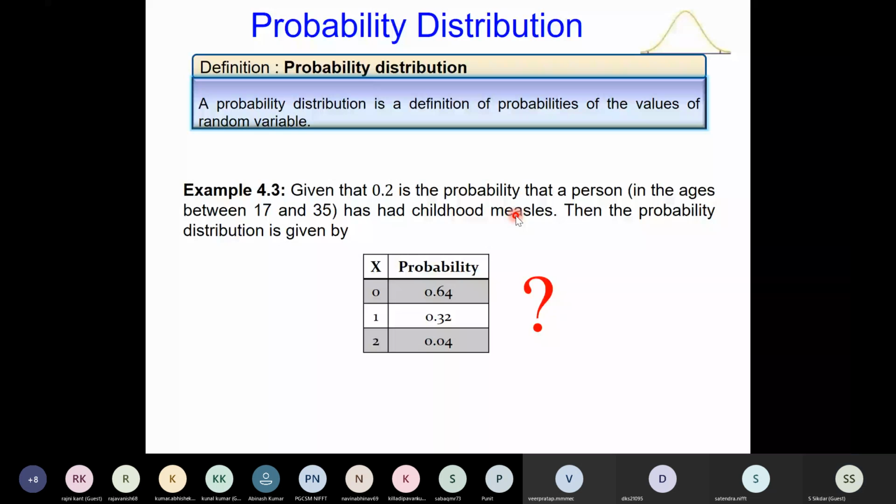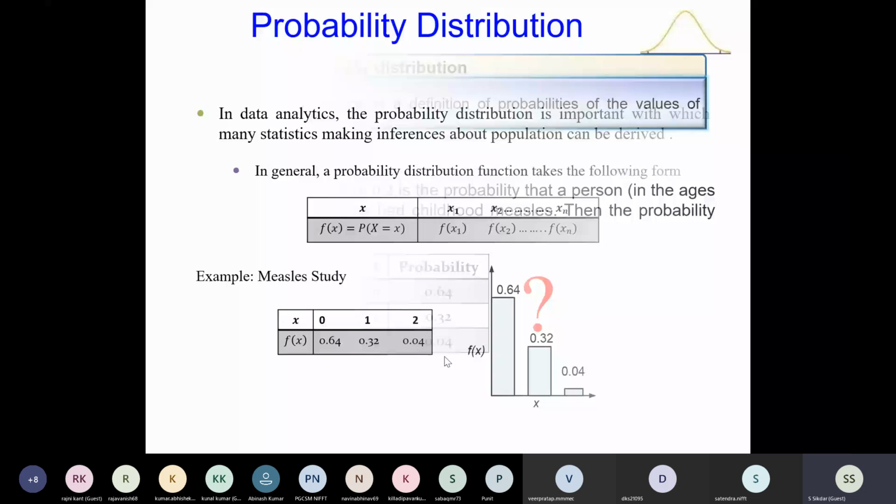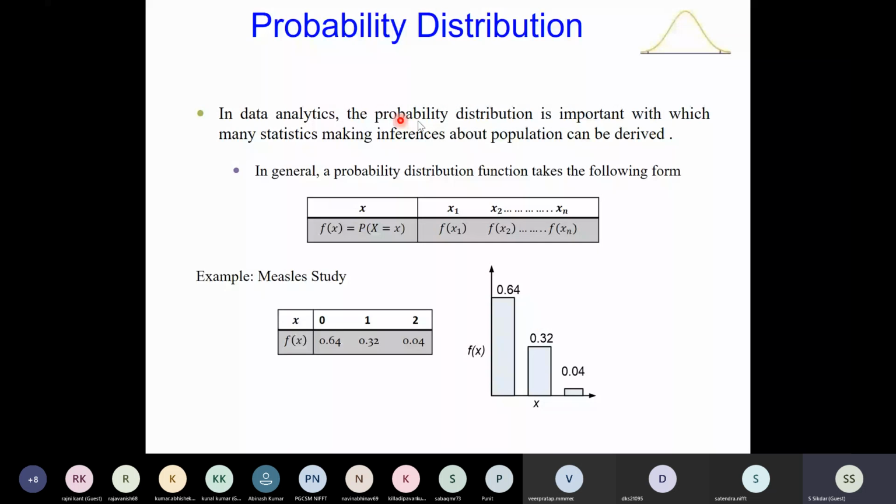Now, what is the probability? Let's say the probabilities are 0.64, 0.32, 0.04. In data analytics, the probability distribution is important, with which statistics for making inferences about a population can be derived.